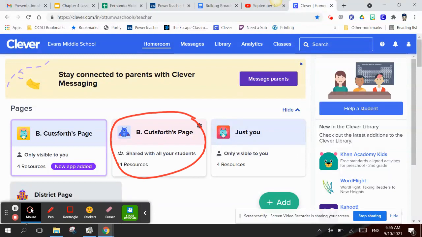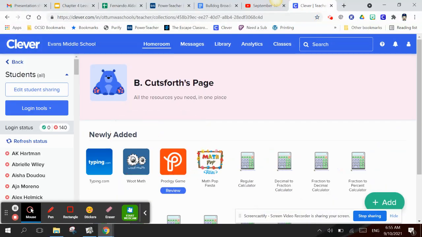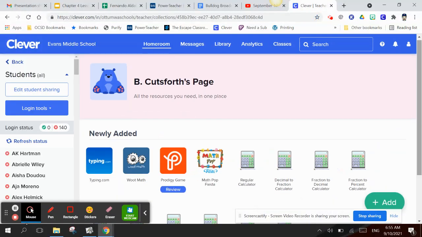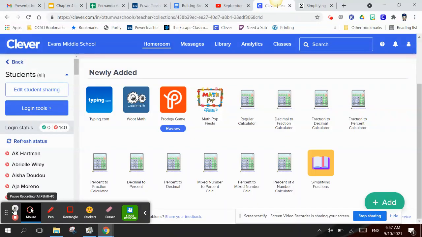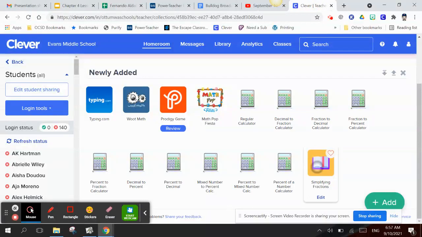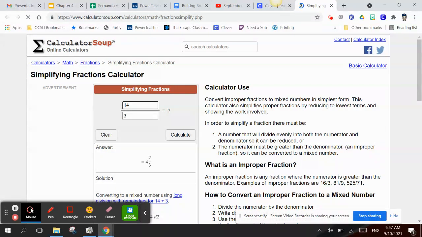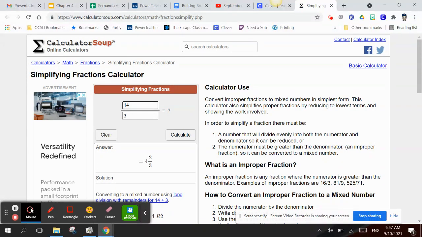I want you to click on my page. When you go there, you're going to notice that there's all kinds of calculators. The one to do, so when you go to my Clever page, you see the simplifying fractions here. Then you may go to this website and it'll simplify your fractions for you.